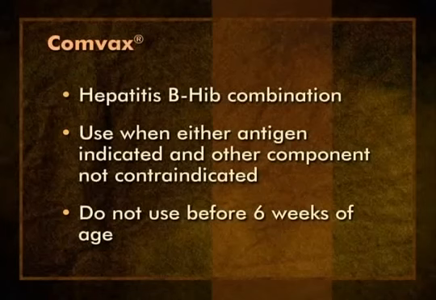components are not contraindicated. As we discussed earlier, Hib vaccine should not be given to infants before 6 weeks of age because of the potential of immune tolerance to Hib. So Comvax also cannot be used in infants younger than 6 weeks of age. That means it cannot be used when an infant receives hepatitis B vaccine at birth or at 1 month of age.